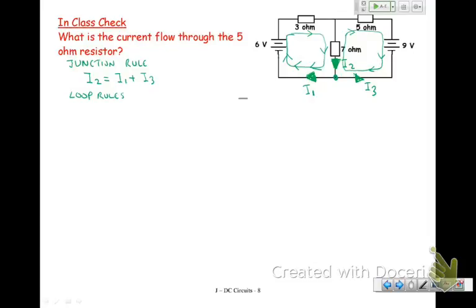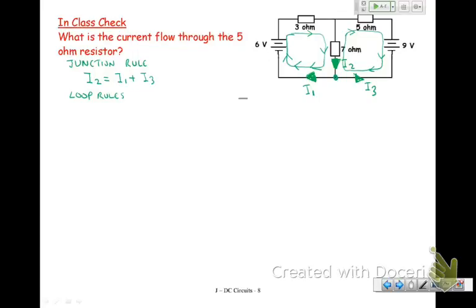Can you please write down what you think the loop rule is for this left-hand loop? You're going to look at your EMF, and decide, is that a positive or negative EMF?